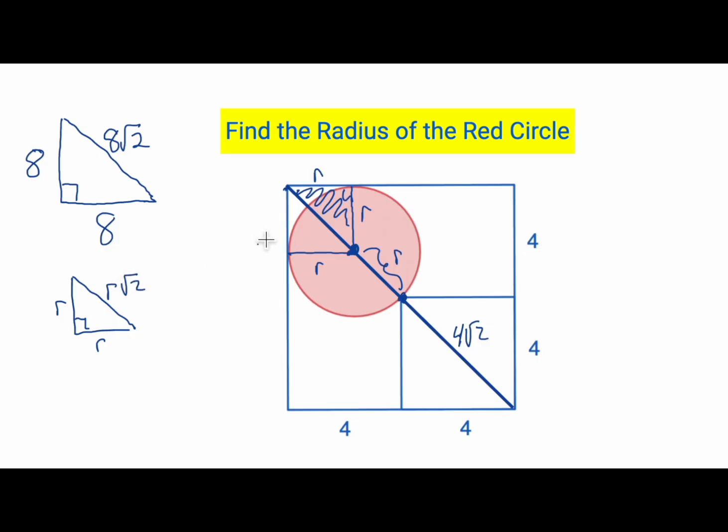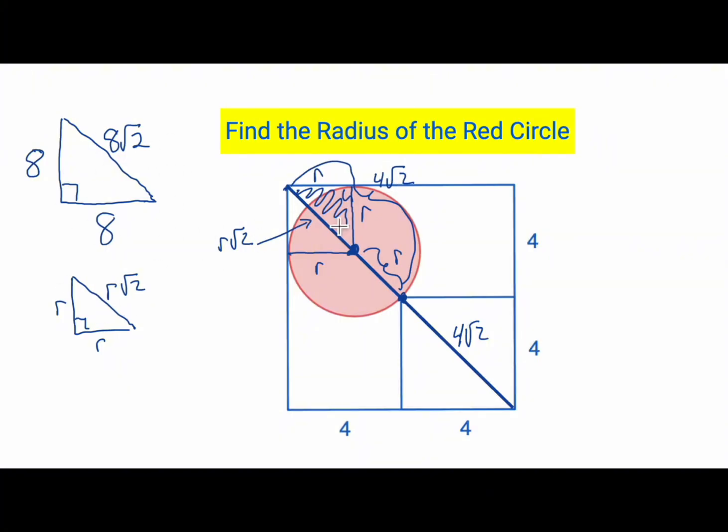So this here is R root 2. We also know that this part here is 4 root 2. So R plus R root 2 is going to be equal to 4 root 2.